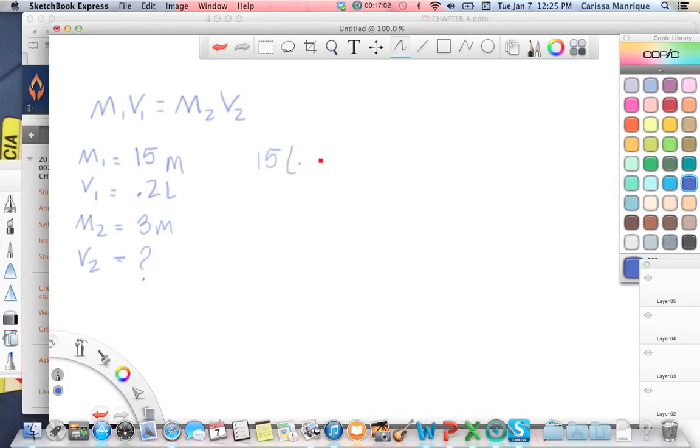Volume 1 is 0.2. Okay. M2 is 3. And V2 we don't know, so I'm just going to put V2. Okay, so let's figure this out. So first let's do 15 times 0.2. 15 multiplied by 0.2 is 3.